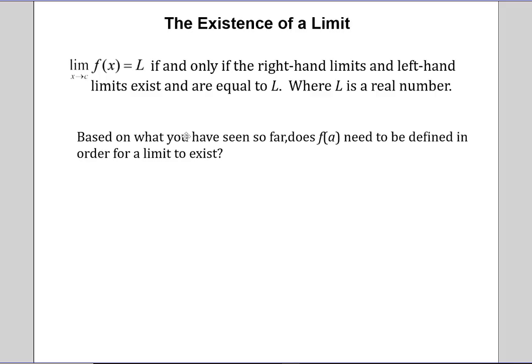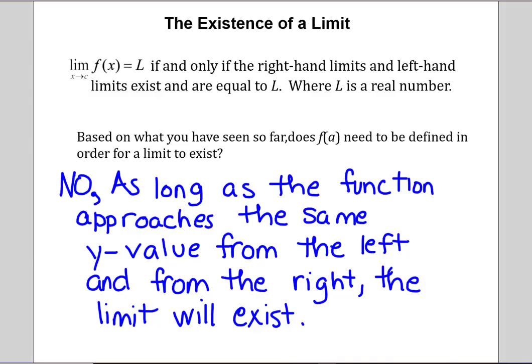So based on what you've seen so far, does the y value need to be defined in order for a limit to exist? We could say no, as long as the function approaches the same y value from the left and the right, the limit will exist.